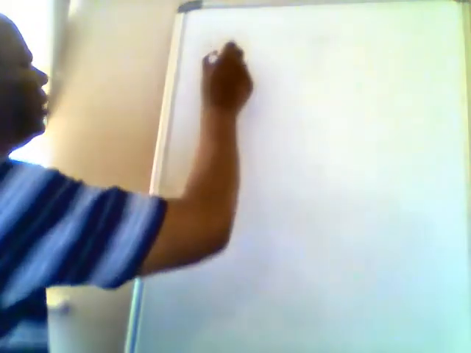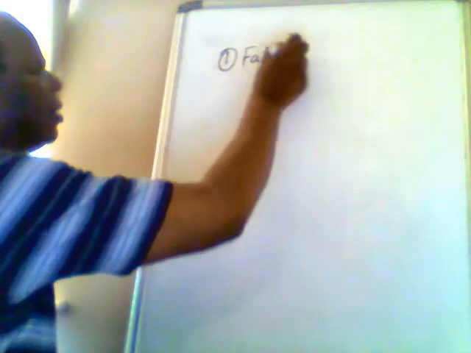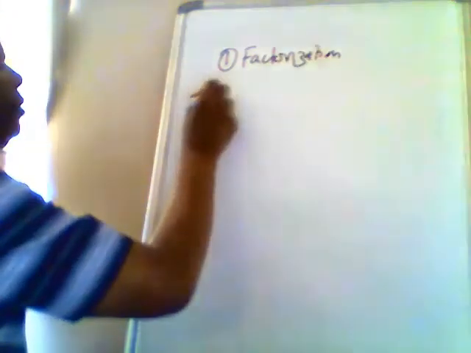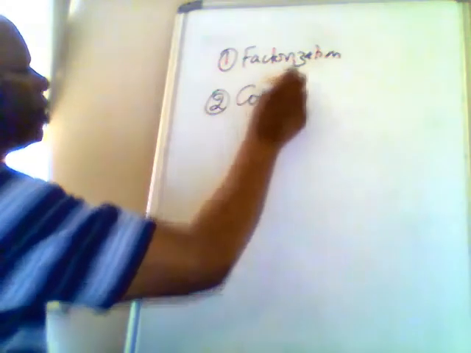Before we start, let's revise how many methods we can use to solve quadratic equations. We mentioned 4 of them. Method number 1 is by factorization. Method number 2 is by completion of the square.